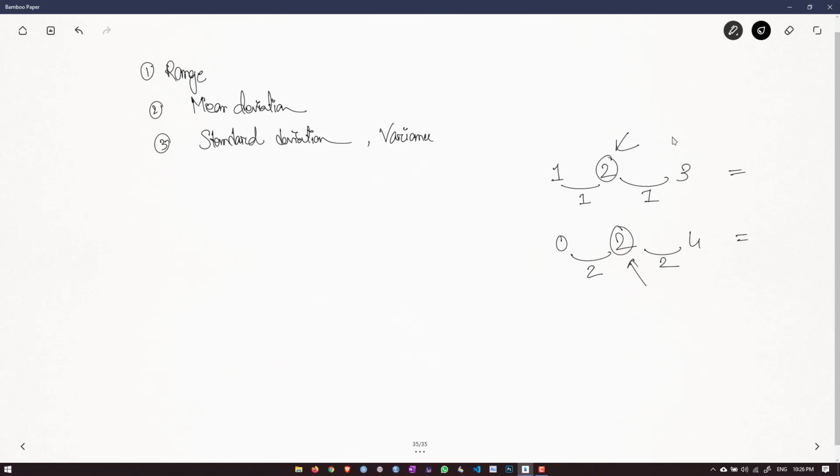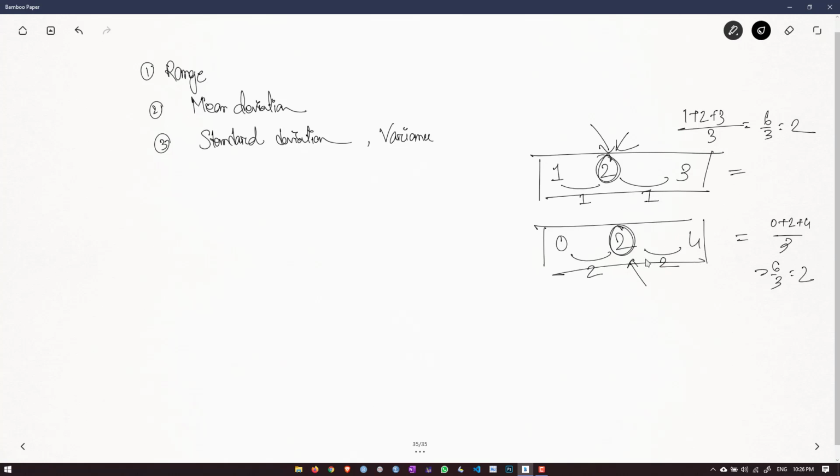Also, if you find the arithmetic mean, 1 plus 2 plus 3 divided by 3 is 6 divided by 3, equal to 2. Similarly, 0 plus 2 plus 4 divided by 3 is 6 divided by 3, equal to 2. So the same number 2 is both the median and the mean in both data sets. A data set means a set of numbers.